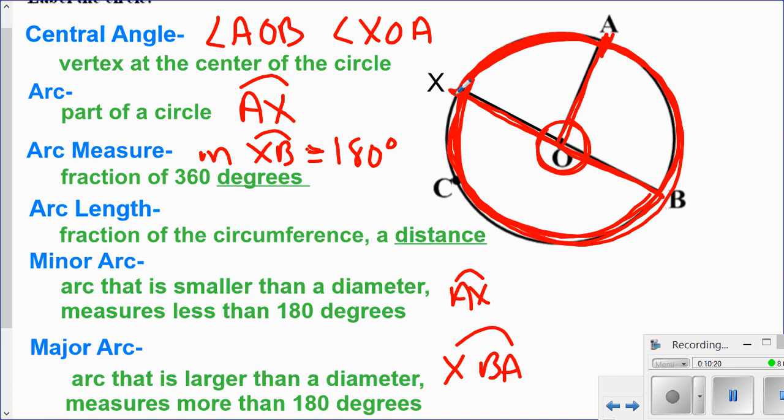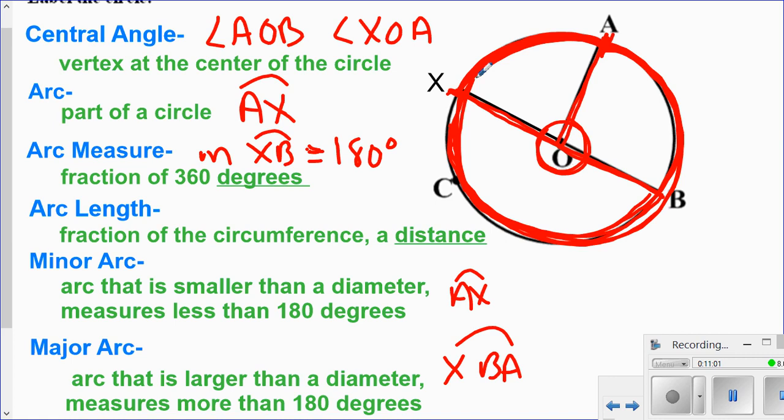Now, notice when I named that arc XBA, I used 3 letters rather than 2. Major arcs, you always will use 3 letters, and minor arcs, you will always use 2 letters to name. And the reason for that is if I called this major arc XA, then how would you know whether I was talking about the one starting here and going all the way around and ending here, or if I'm just talking about starting here and going this way and ending there?